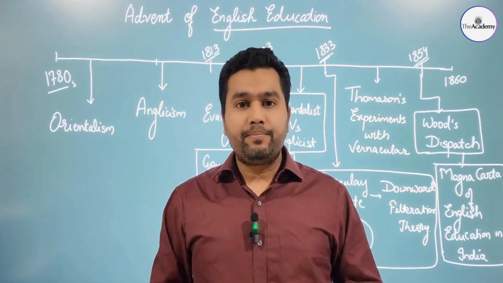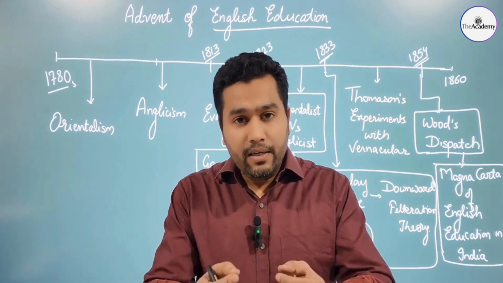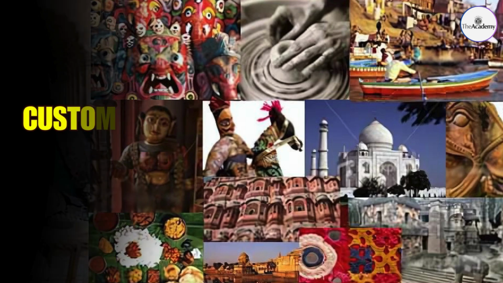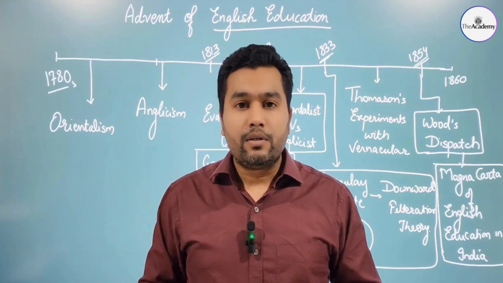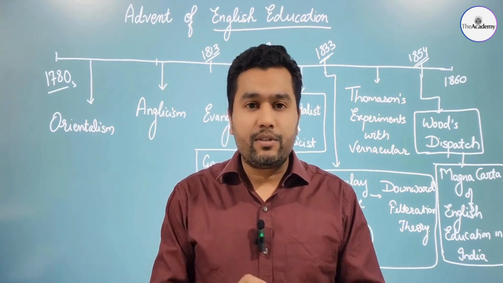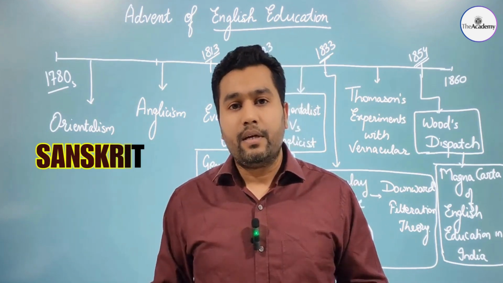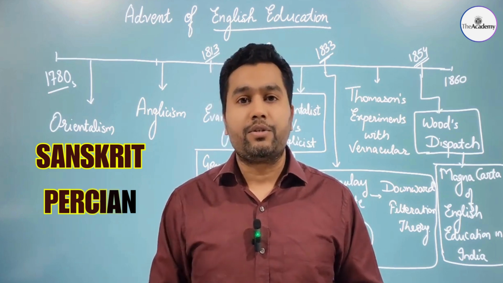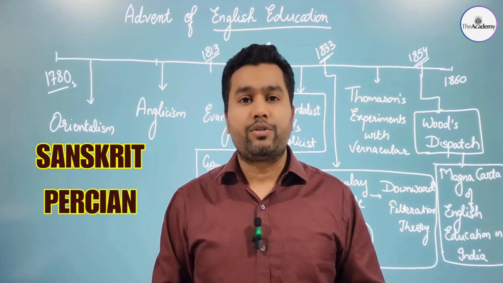So initially, the English aimed at learning the Indian customs, traditions, languages, because it was a foreign land. So these company servants, officials, started learning Sanskrit. They started learning Persian. In fact, they started translating the scriptures.